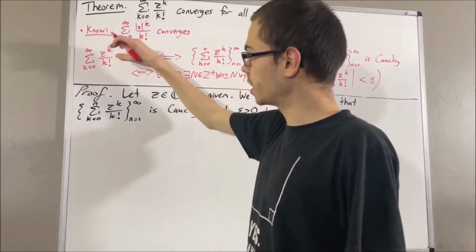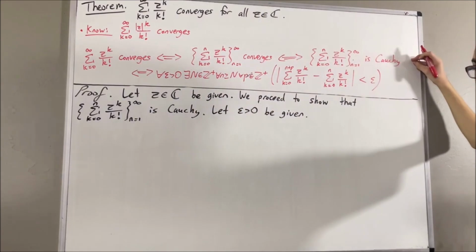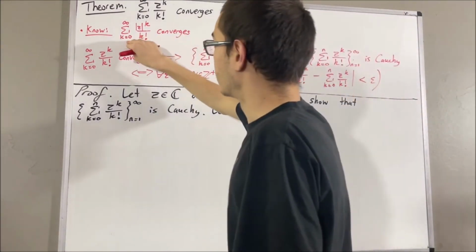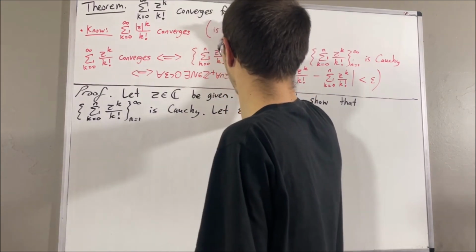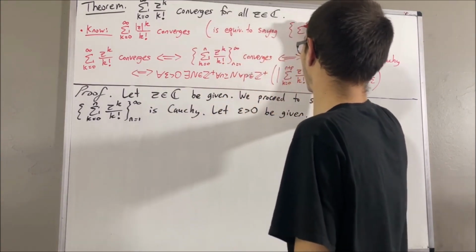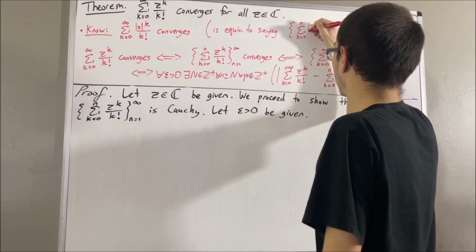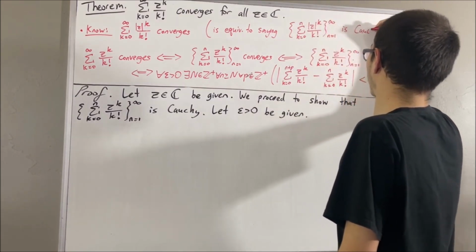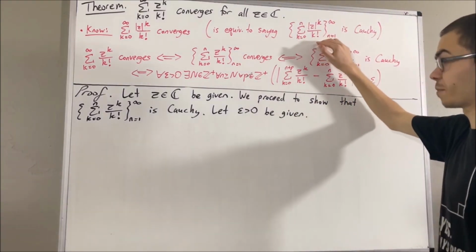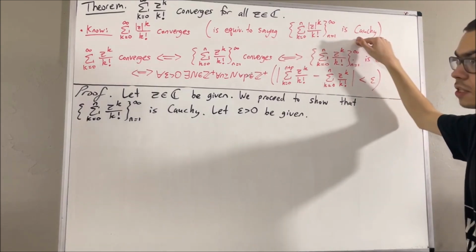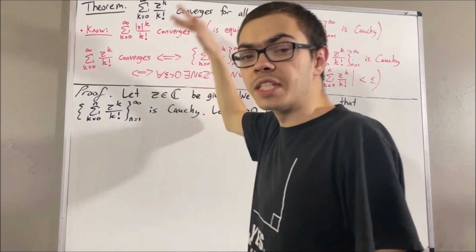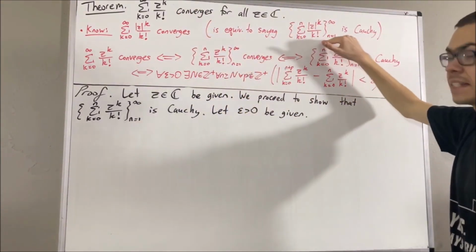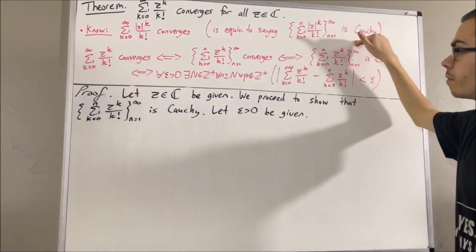But just like the chain of equivalences we established here, to say that this infinite series converges is equivalent to saying that this sequence of partial sums is Cauchy. So since we know that this infinite series converges, this means we know that this sequence is Cauchy.